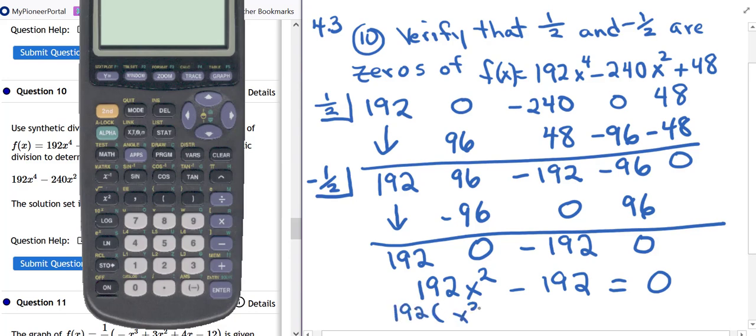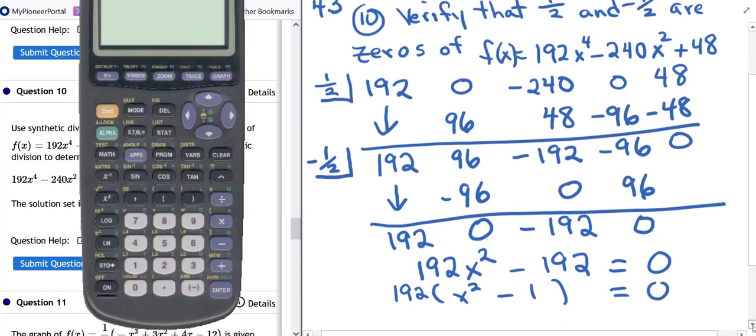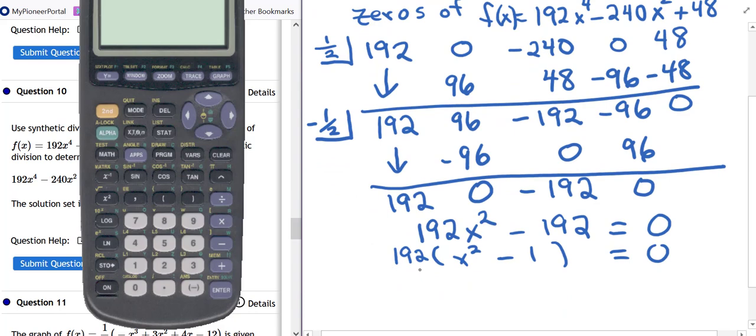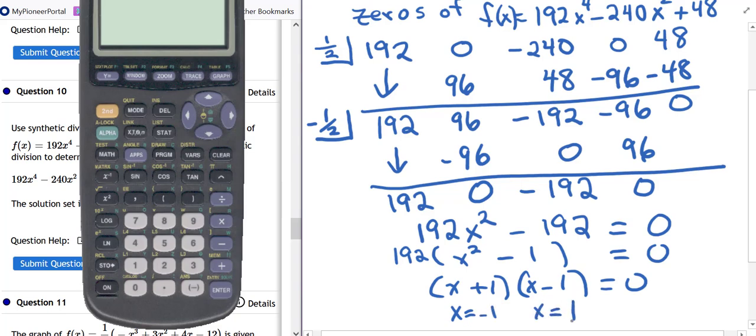It leaves x squared minus 1. And the 192 is irrelevant because it doesn't have a variable with it. So you can divide on both sides by 192. It's gone. It doesn't matter. So this x squared minus 1, you could factor it and solve. So x equals -1 and x equals +1.